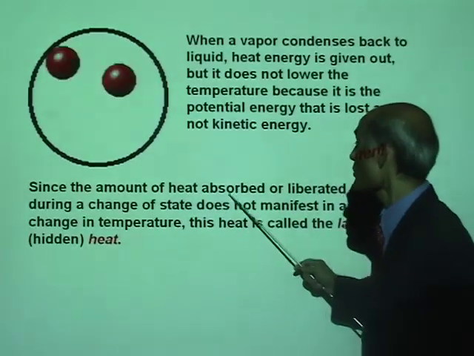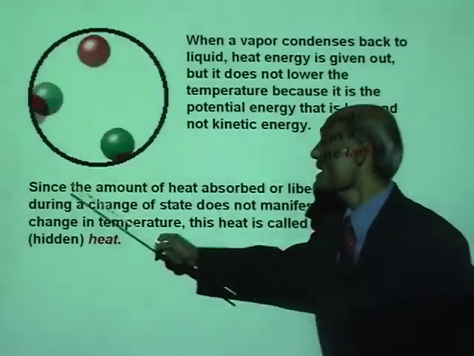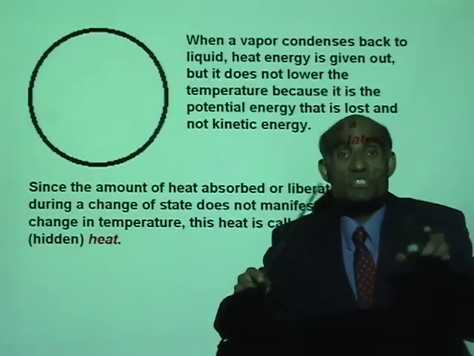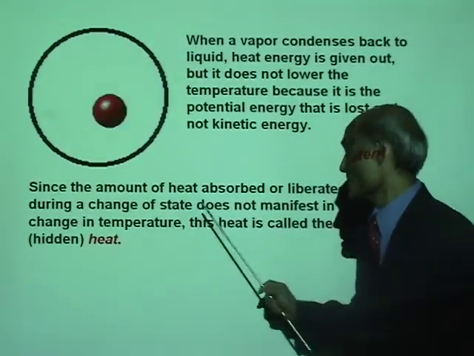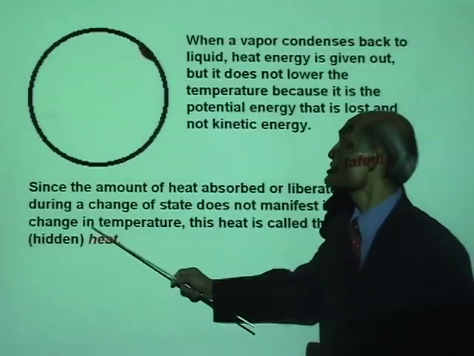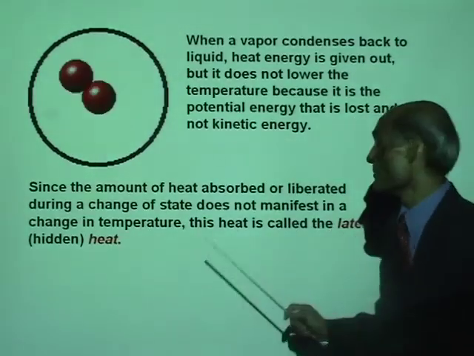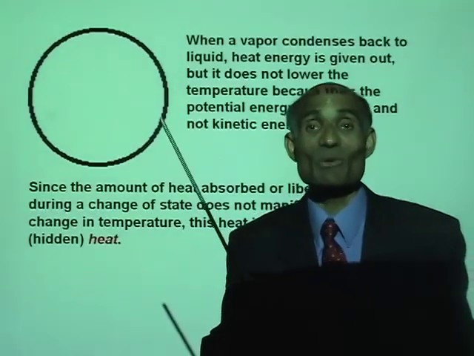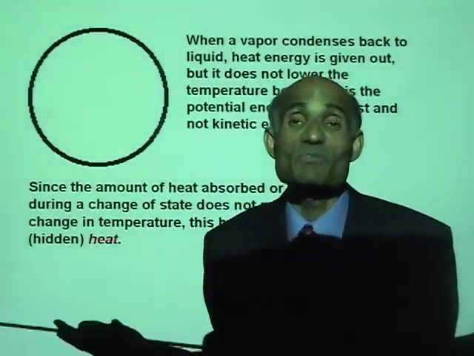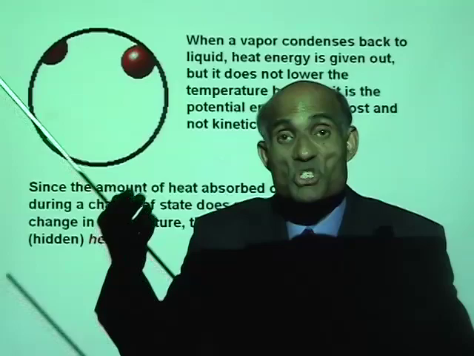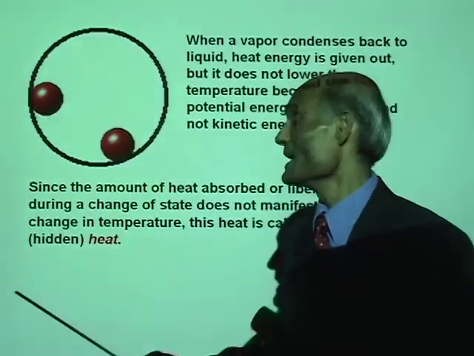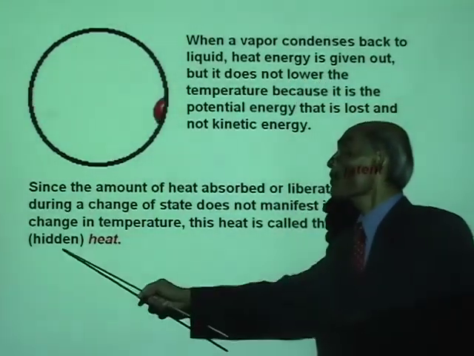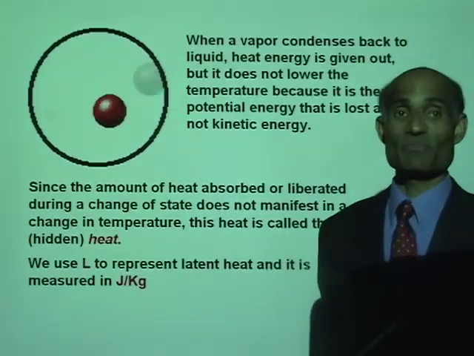Since the amount of heat absorbed or liberated during a change of state does not manifest in a change in temperature, this heat that is absorbed or liberated during a change of state due to the changes in the potential energy is called the latent or hidden heat.